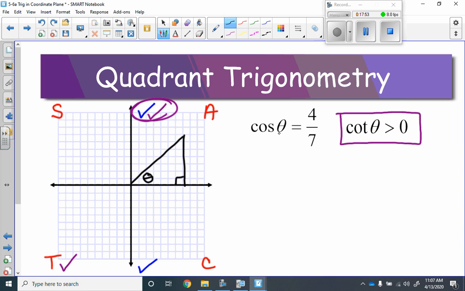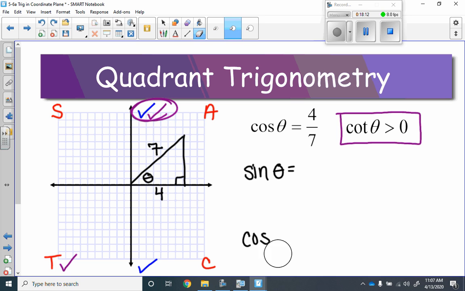So if the cosine of theta equals 4/7, that means that the adjacent side here is 4 and our hypotenuse is 7. So if I'm going to now set this up to find the sine of theta, and the tangent of theta, since we already know cosine, I am going to need to know that opposite side.